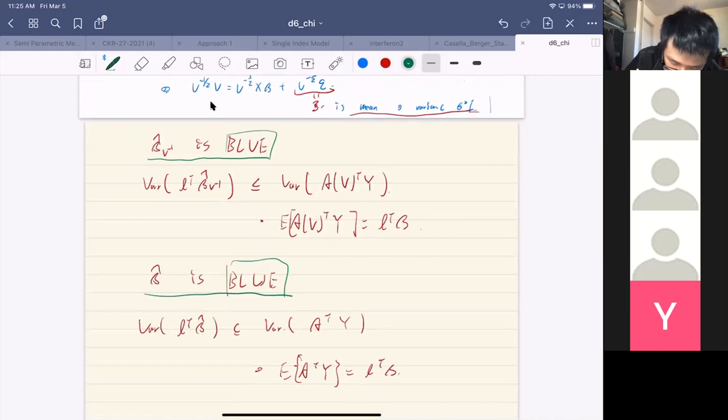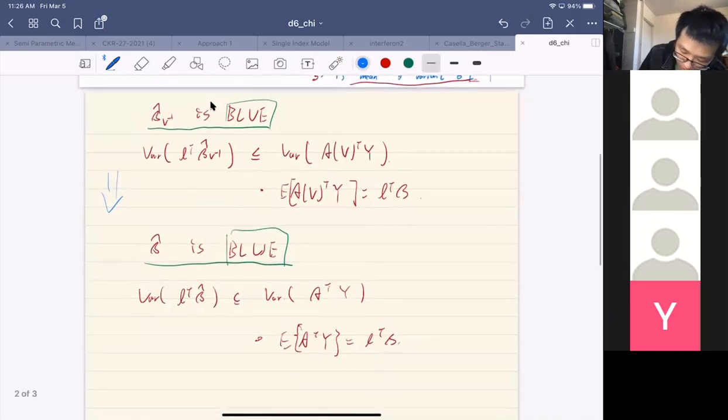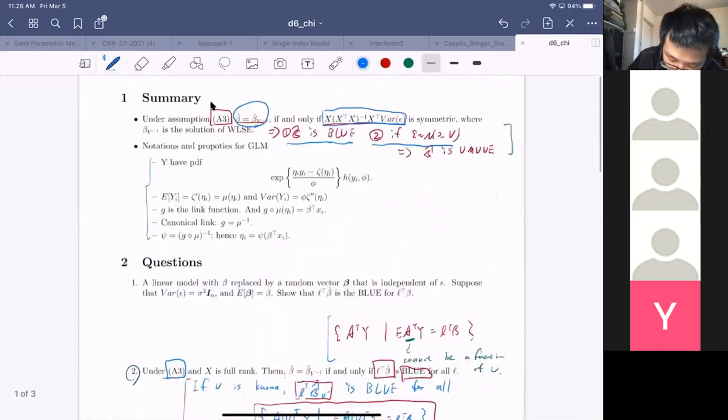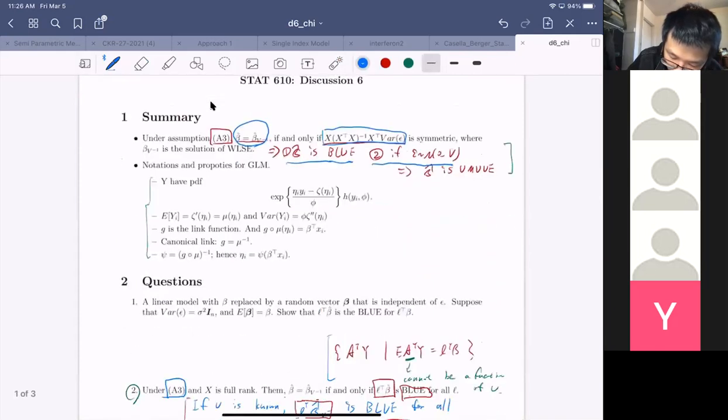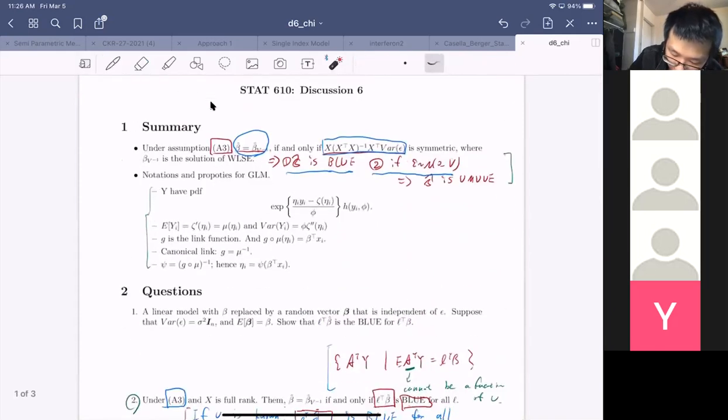But here we want to use the BLUE of this one to imply the BLUE of this one. And you can see that the candidate set is much larger, so you can directly imply this one. In some general case it may not be true, but this one is. This is why I want to mention this. In the exam, you can just say you can use this theory, because this is symmetric, so this is BLUE.